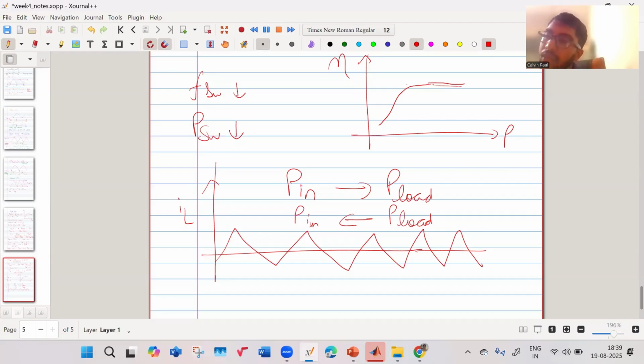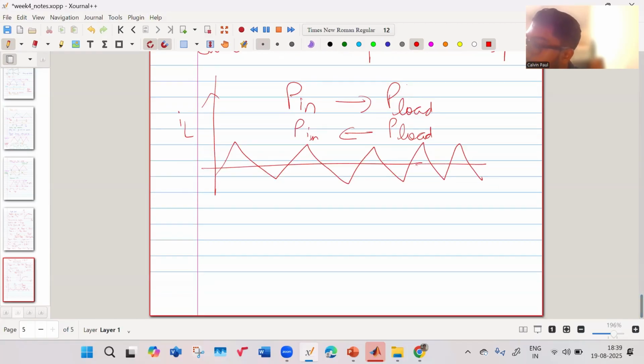And when this is happening, what is happening? The resistors are there, the switching losses are there. Those are unnecessary. You don't need those losses. So what people prefer to do is operate in DCM.